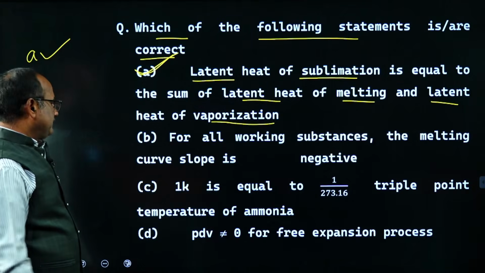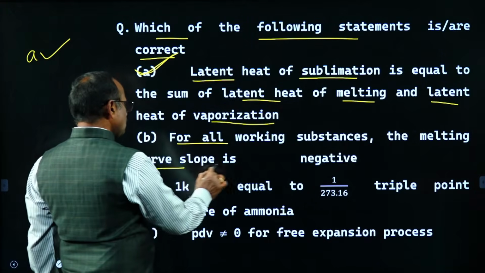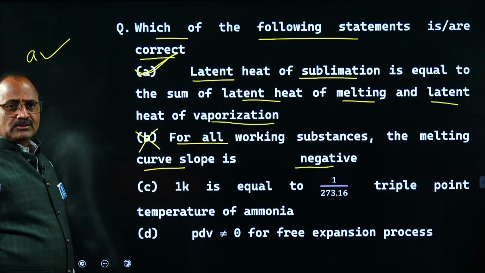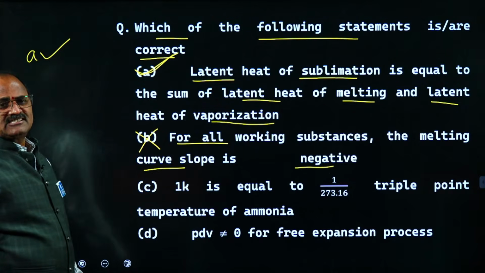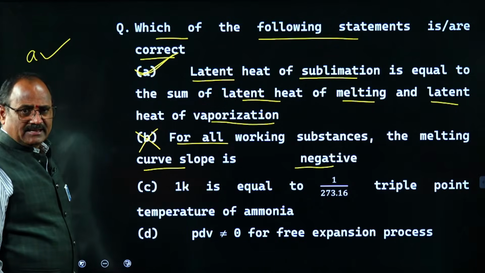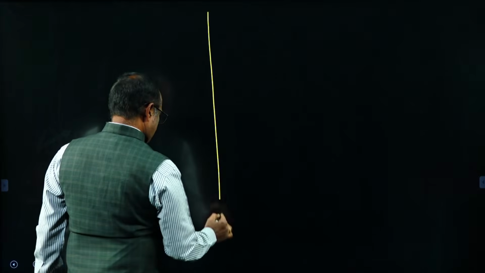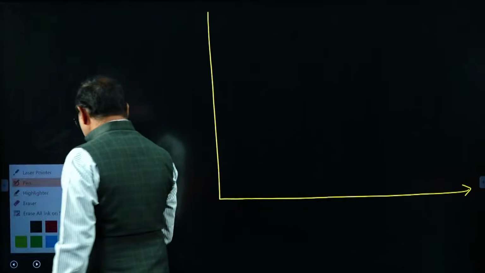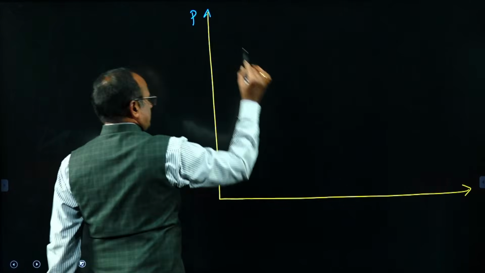Look at B. For all working substances, the melting curve slope is negative. No, the melting curve slope is negative for those materials which decrease their volume during the melting process. The best example is water. By the time the ice is melting, its volume is decreasing. So, if you look at the melting curve for water and other substances, let us take pressure versus temperature.